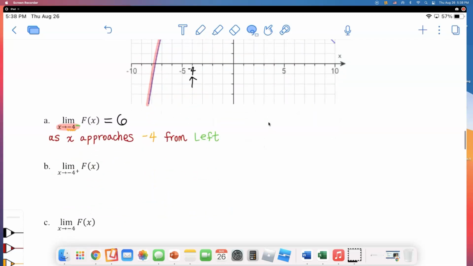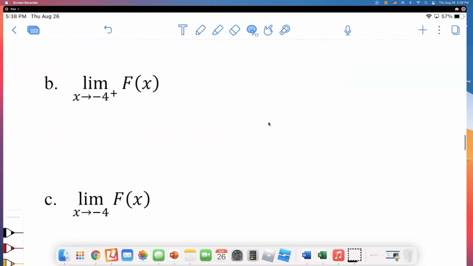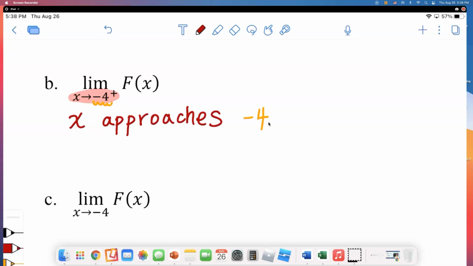I'm going to go ahead and do the second one, part B. It says the limit of f of x as x approaches what number again? -4, from its what side?